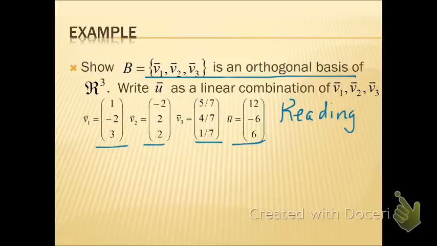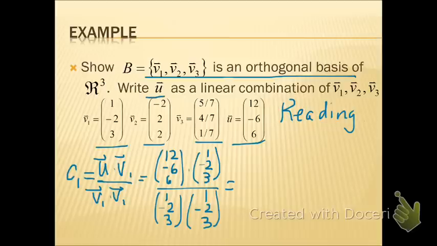And now we're going to look at writing U as a linear combination of these vectors. To find the weights, again, this can easily be done. If we want to find C1, we take the inner product of U and V1 over the inner product of V1 with V1. And so what do we have here?